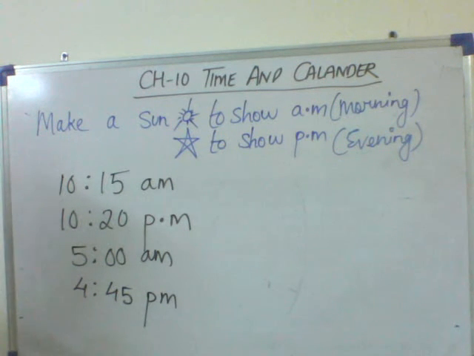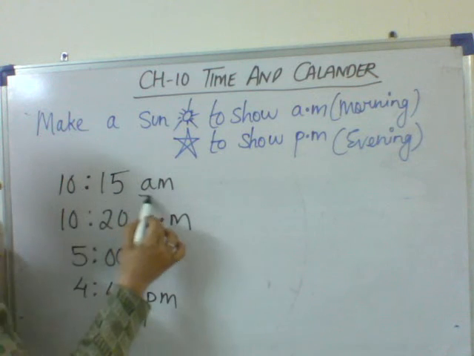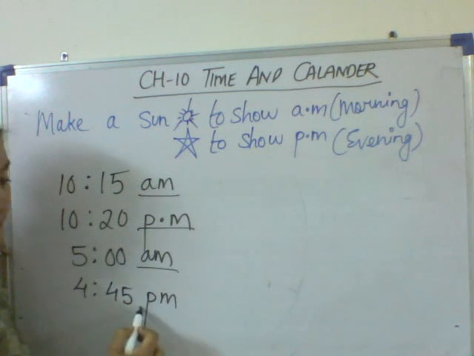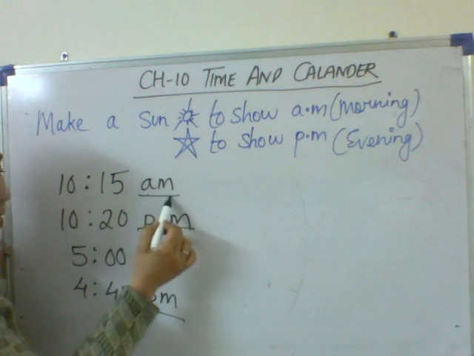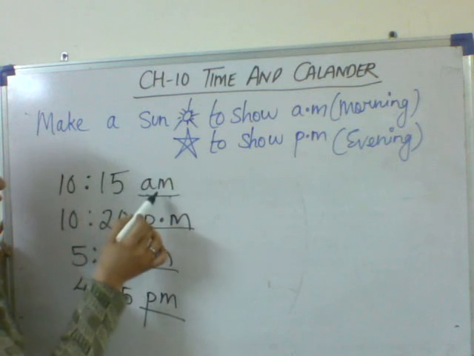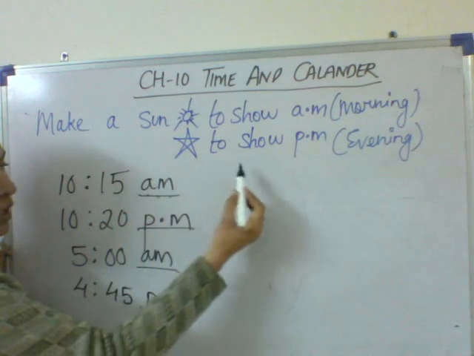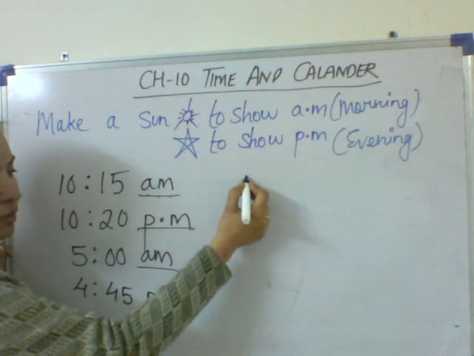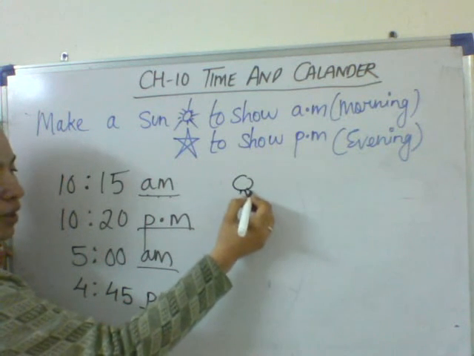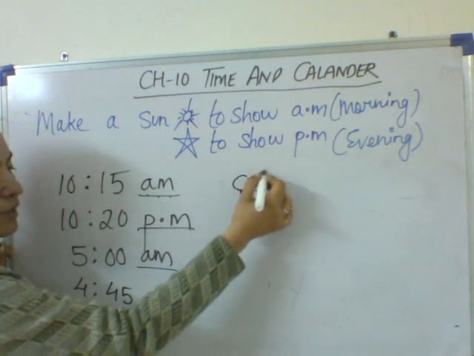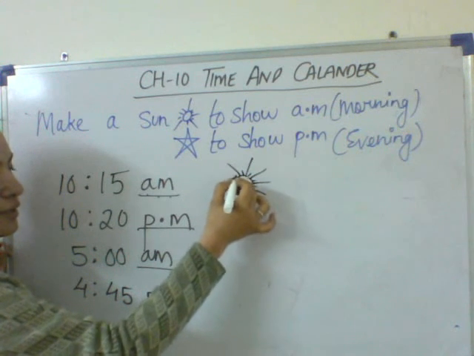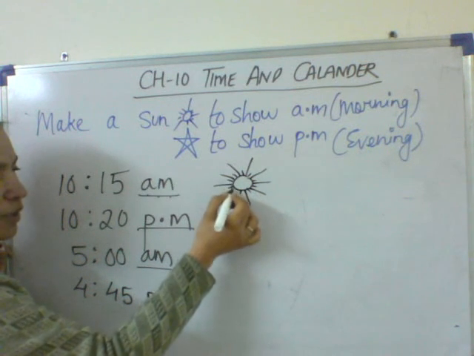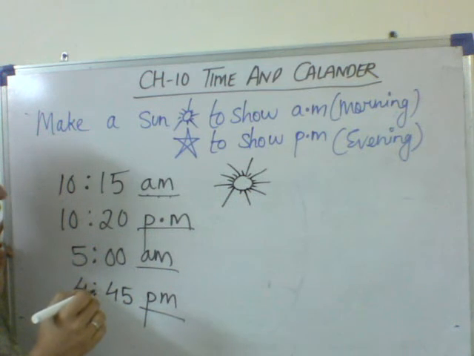So after the timing you can see I have written AM, PM, AM, PM. AM means it is 10:15 in the morning, so I will be drawing a sun because it is daytime.